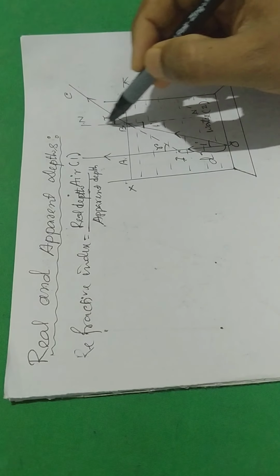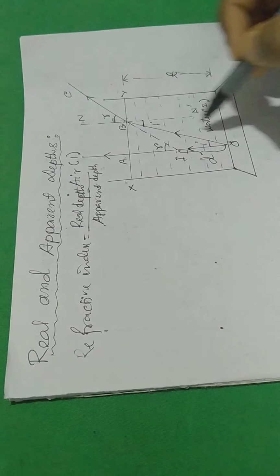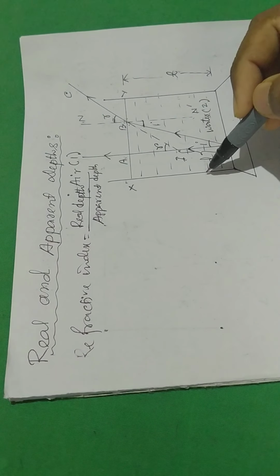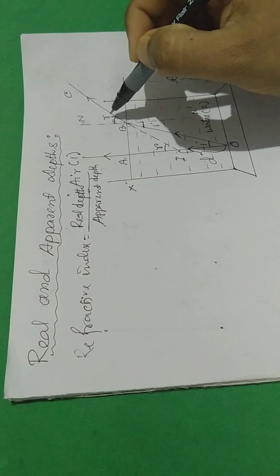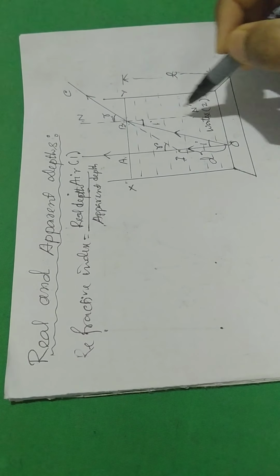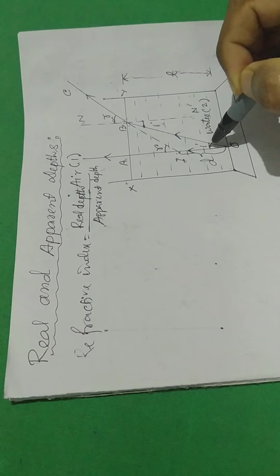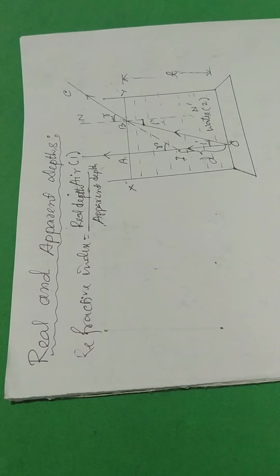Again you see, NB dash and this line are both parallel and this is a transversal line intersecting, so this angle r and this angle are equal, and also the angle of incidence and this angle are alternate angles, so these alternate angles are equal.